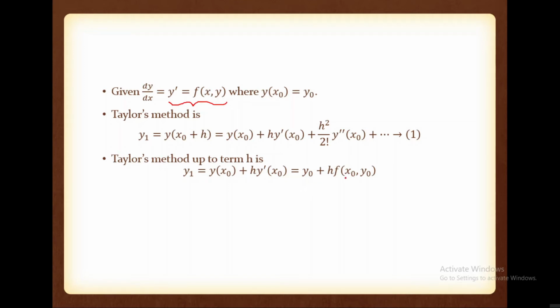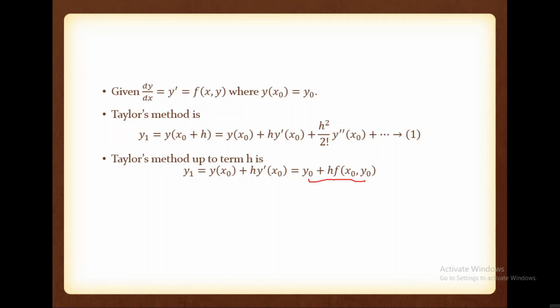And I think you are familiar with this particular term. What is this one? Go through Euler's method. Any similarity? Y1 is equal to y0 plus h into f of x0 comma y0.